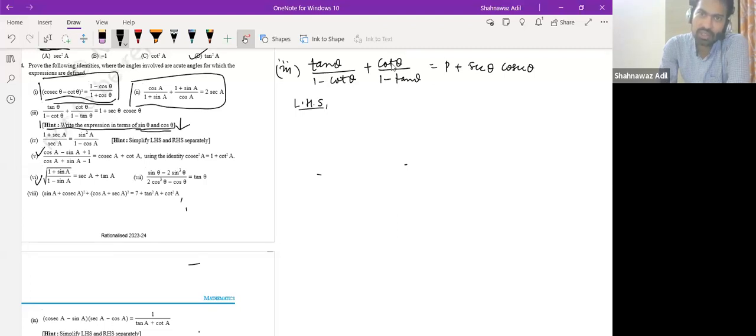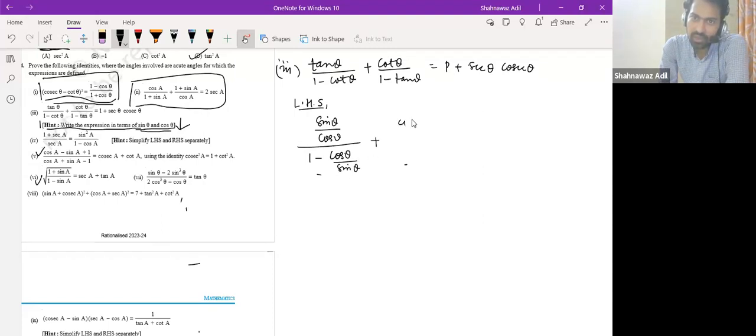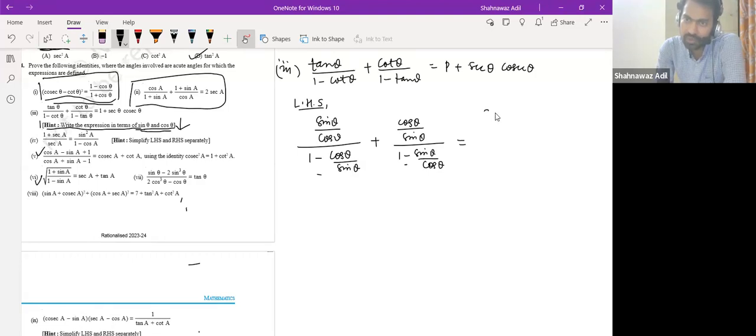So we take the LHS. This is sine theta by cos theta, and then 1 minus cos theta by sine theta. And then we have cos theta by sine theta, and then 1 minus sine theta by cos theta.